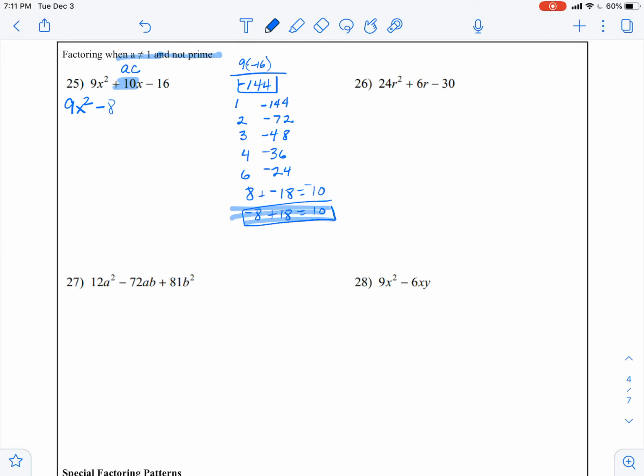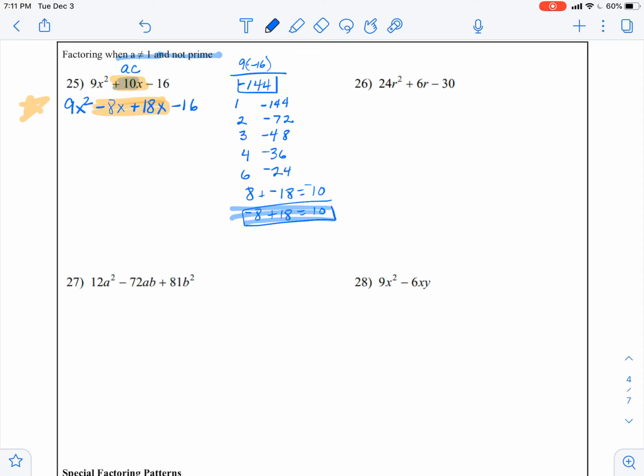So negative 8x plus 18x minus 16. And I cannot say enough, guys, all I have done is a substitution. This is exactly that. So if I told you to take this piece and simplify it, you would get the 9x squared plus 10x minus 16.